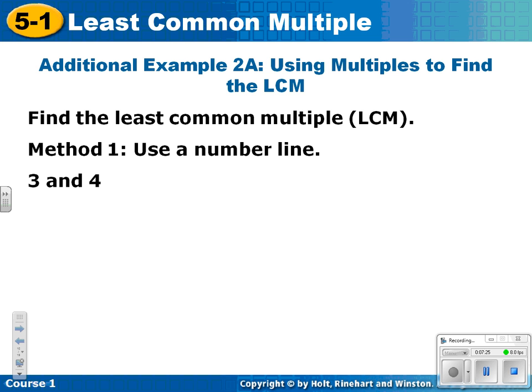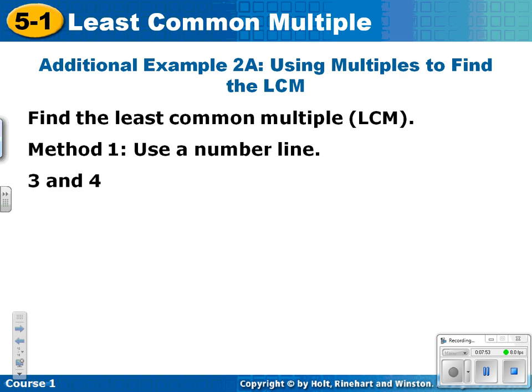The third way I'm going to show you is not quite as long, and your chances of making a mistake are less. What way do you think I want you to use? The third way, okay? Now this one's actually very easy. The least common multiple of 3 and 4 is going to be what?